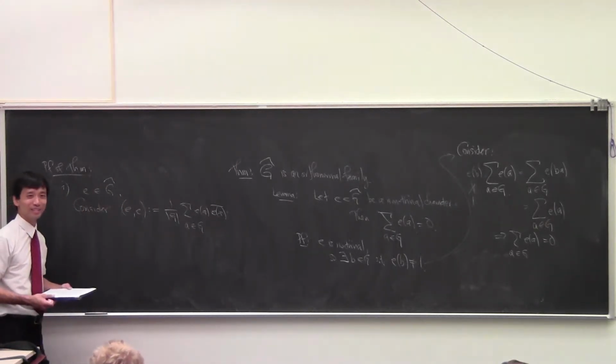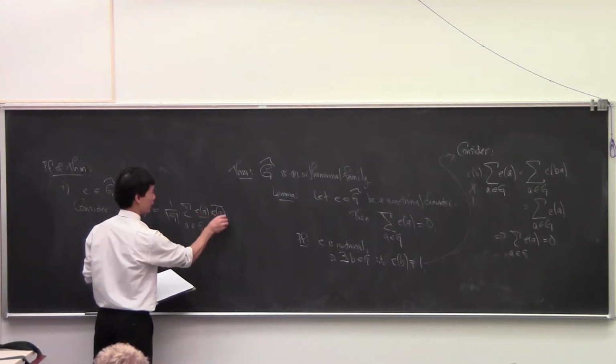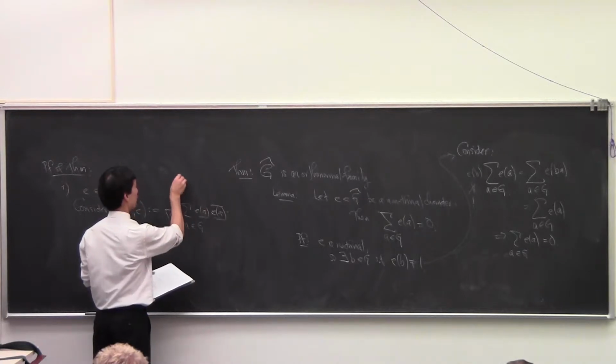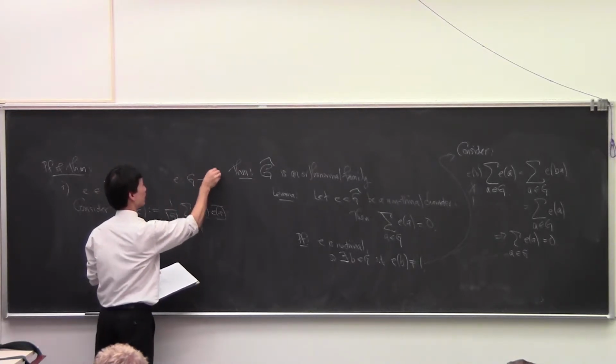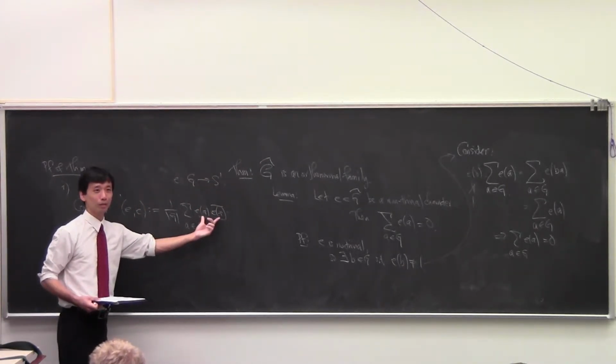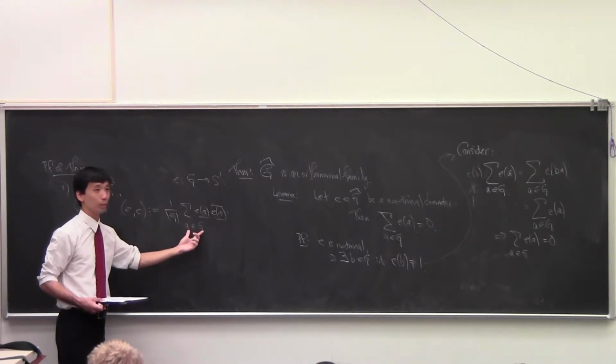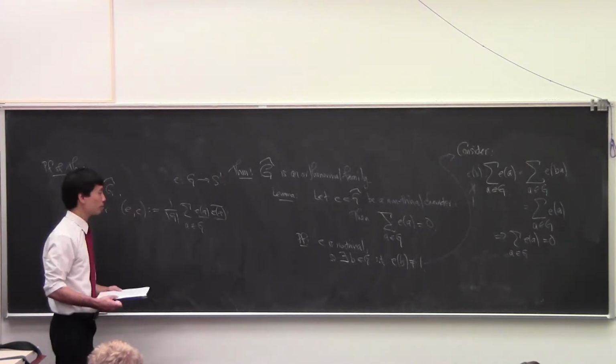Because E is a character, it's a map from the group into S1, so each of these things is 1. So you're taking a sum of 1s over the whole group. You get the size of the group divided by the size of the group, which is 1.